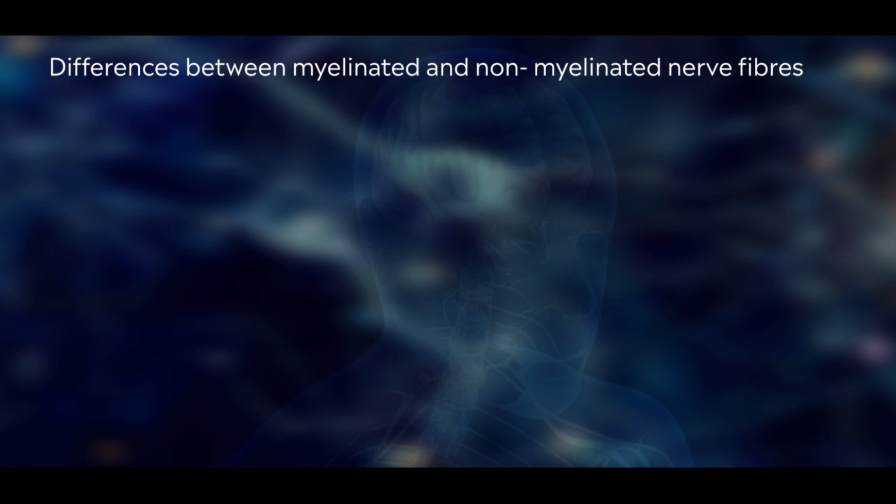Okay, now let's talk about the difference between the conduction of nerve impulse in myelinated and non-myelinated nerve fibers. So what difference did you notice? Of course, the first difference you will say is the presence of myelin and absence of myelin sheath.